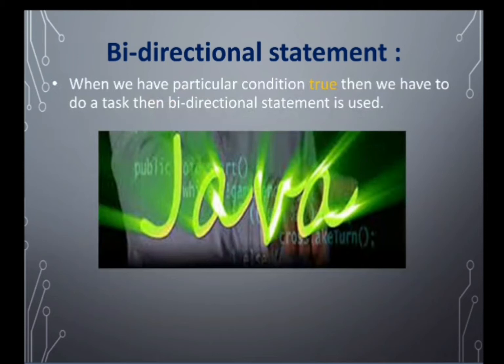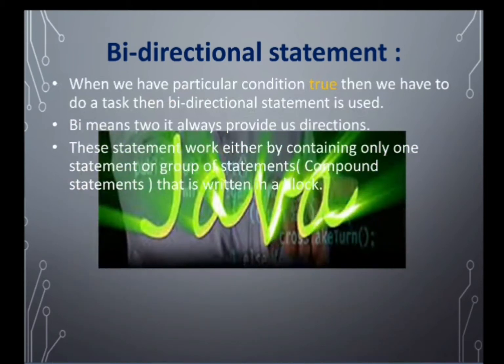But when some condition appears, and it either runs true or false, then it is said to be bidirectional. Bi means two directions. These statements work either by containing only one statement or a group of statements. If they have a group of statements, it is said to be a compound statement, and we can call it a block.